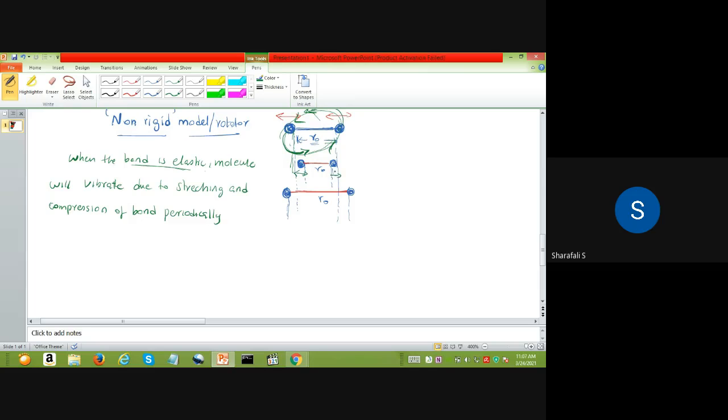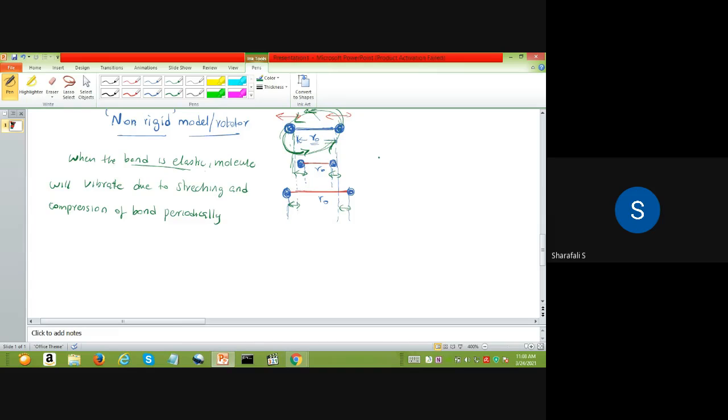When the compression is there, R0 is reducing, and when there is stretching, the R0 value is increasing. That increase and decrease of R0 is constant, the same. So that is called a harmonic oscillation. If it is different, then it is anharmonic vibration.